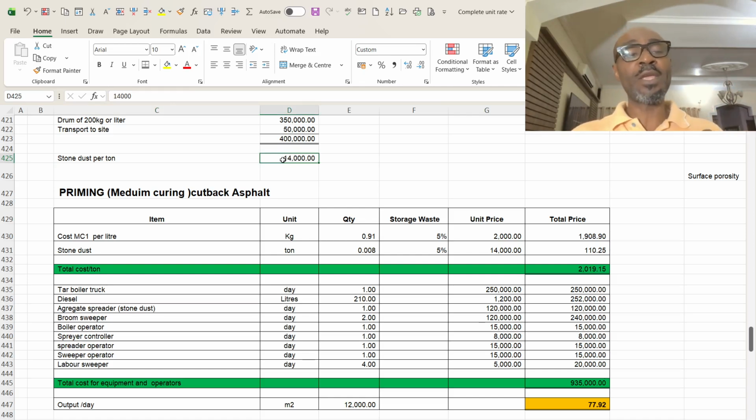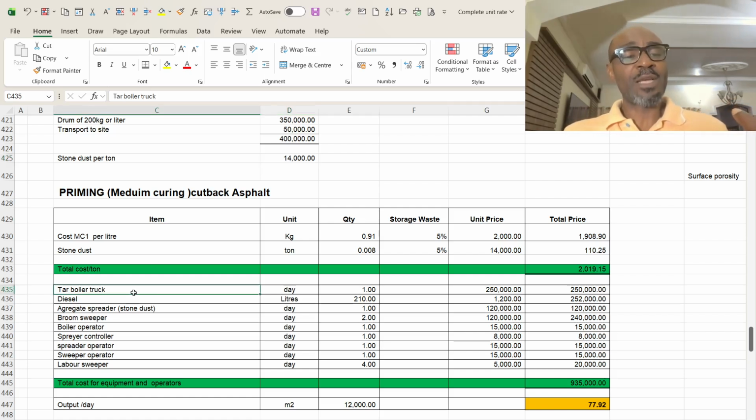Before we start looking at the general build-up of the rate, let us go to the equipment and dissect it, to know the type of equipment involved for this exercise on site. As you can see, my first equipment here is a tar boiler.